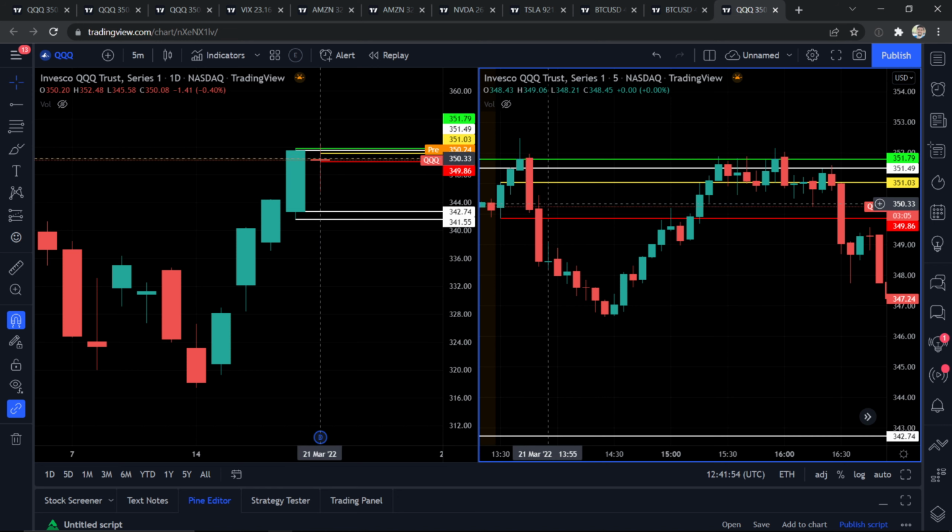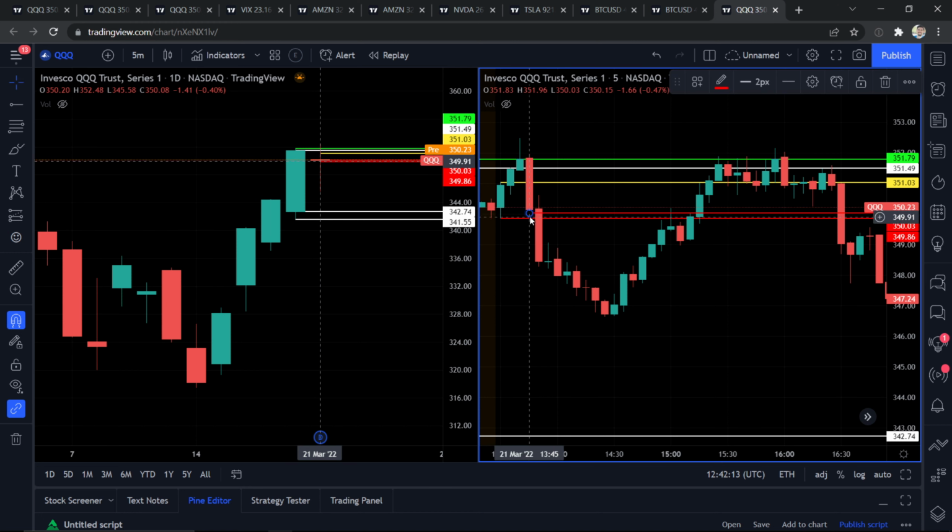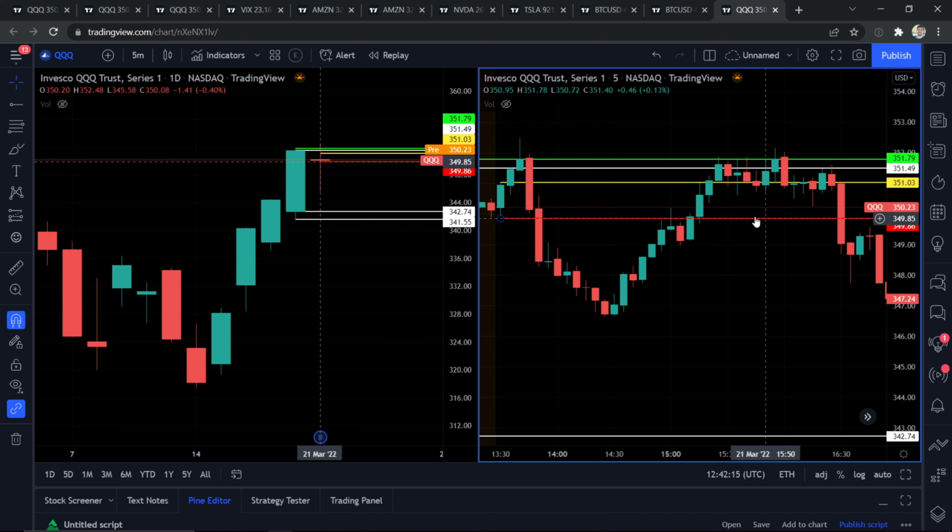So as I see this candle form, I'm watching it, and you can see that the candle opened right here. It popped up to this high, and then it started to sell off. As soon as we started crossing this previous 5-minute candle low, I have my finger on the order button. I'm ready to enter on a market order for some puts on QQQ.